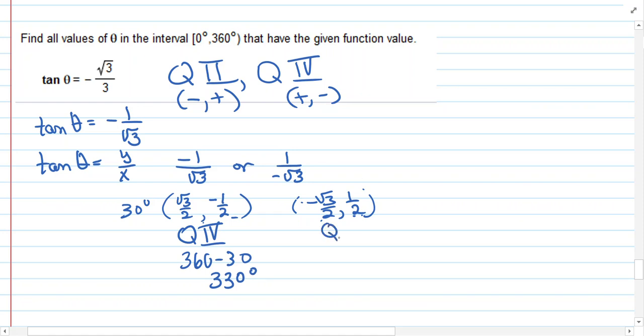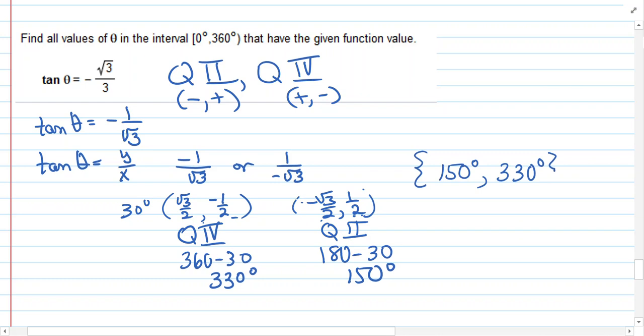And this is quadrant 2, which is 180 minus 30 degrees, 150 degrees. And now that is correct. So my solution would be 150 degrees and 330 degrees is where the tan of that theta is equal to negative square root of 3 over 3.